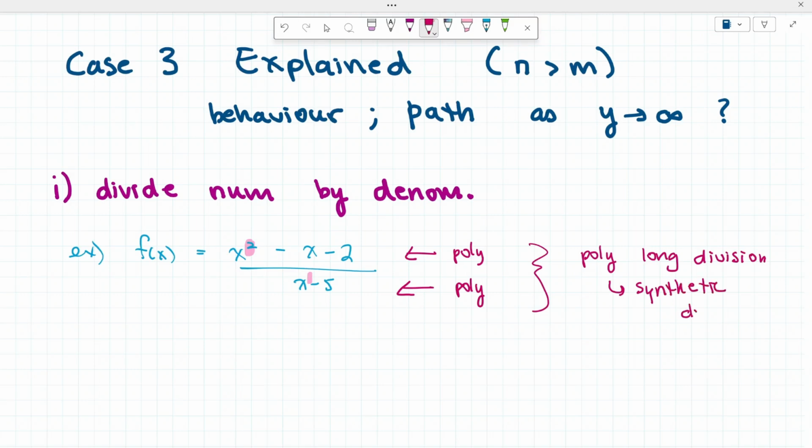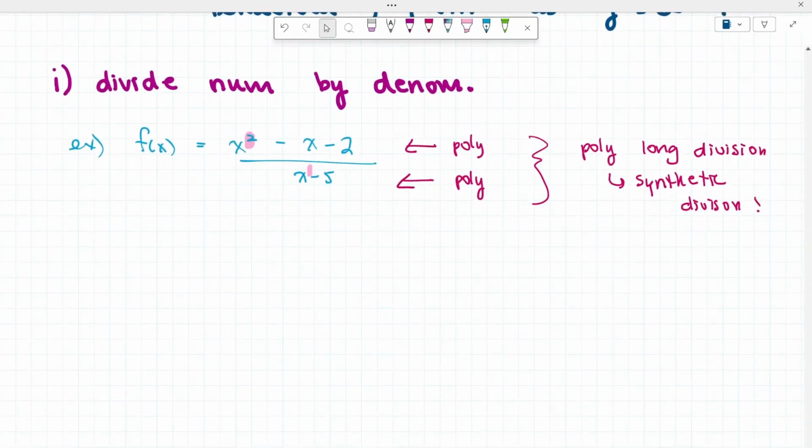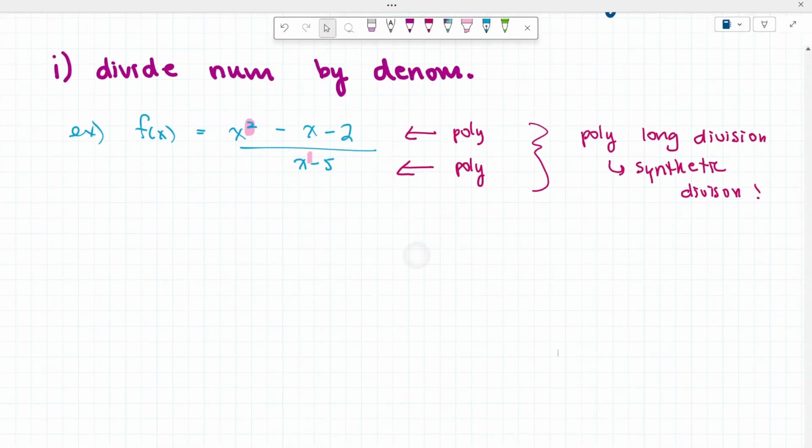I have a few videos up on synthetic division already, so make sure that you check those out if you need a bit more background on this skill. So we're dividing this quadratic polynomial by this linear polynomial. If we're considering this as our bottom, we have x minus 5, and this is what we would call a factor. Here we don't know if it's a perfect factor because we don't know if the remainder will be 0 or not, but this general term is called a factor.